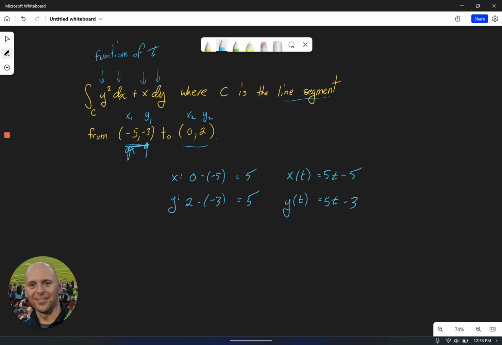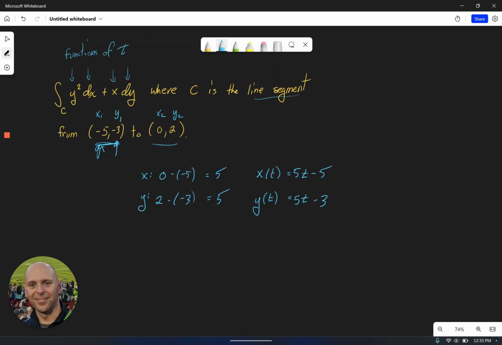So now I've got the parametric curve, and what this does, it'll make a very specific kind of line segment. It's going to get from point A to point B over the time range 0 to 1 very specifically, and we can actually double check that.